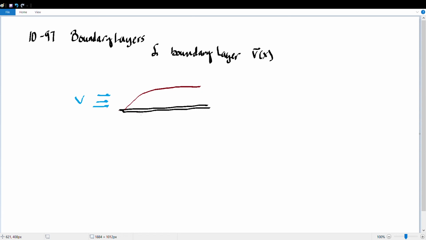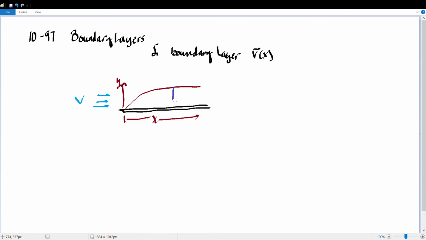Now, do you remember at the surface we have a zero slip condition, so this is as a function of x. And then there is a component that's a function of y that way, so we're going to say this is the y direction. Now what we have here is the boundary layer. So the velocity profile will look something like this.